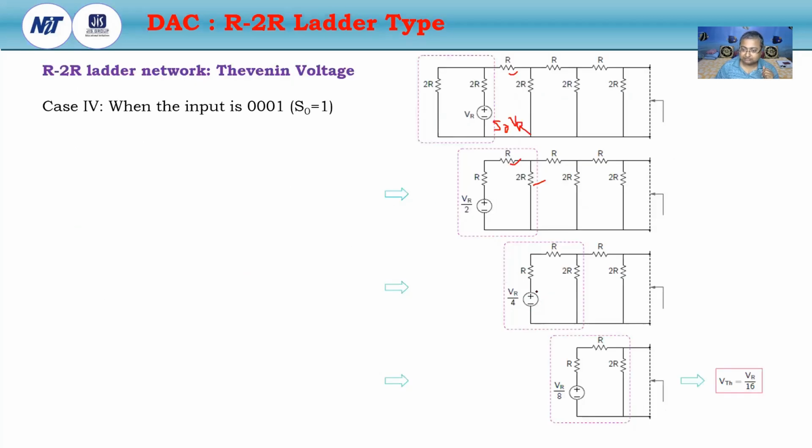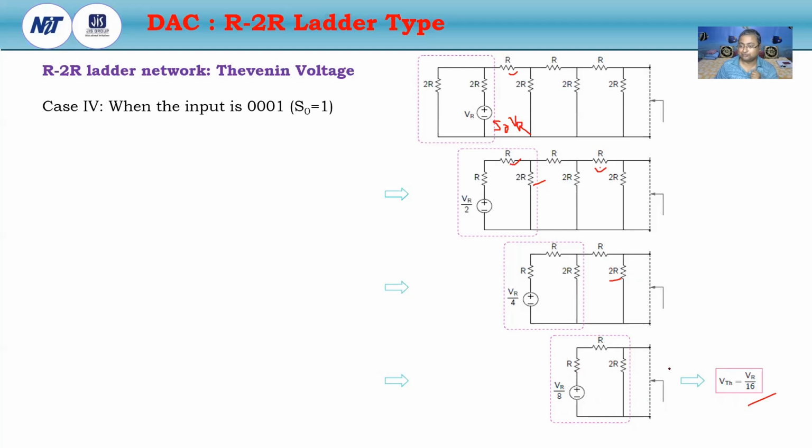Put the value here: VR by 4 with the Thevenin resistance, with this R and this twice R. So this is VR by 8 with the Thevenin resistance, with the existing R and twice R. Then you will get the final voltage VTH equal to twice R by twice R plus twice R into VR by 8. So that means VR by 16.